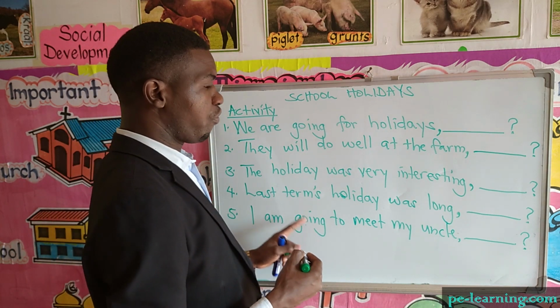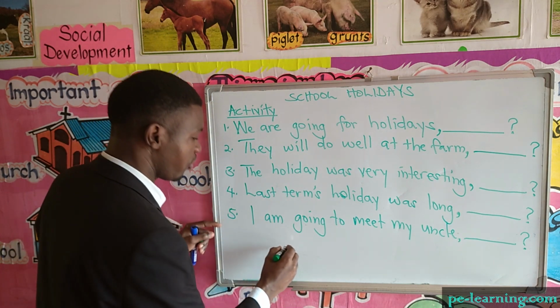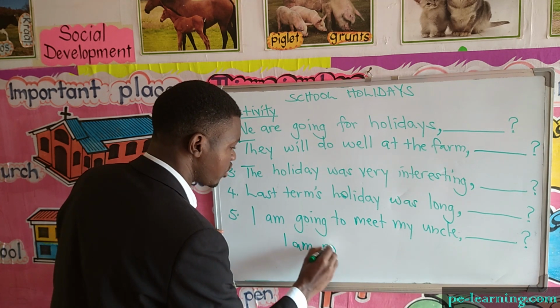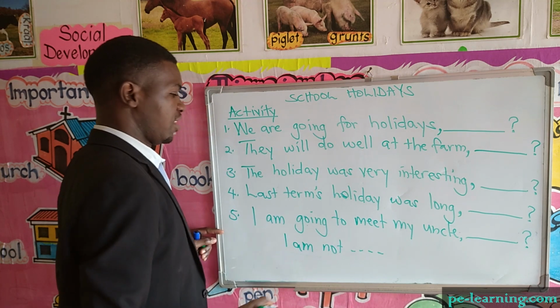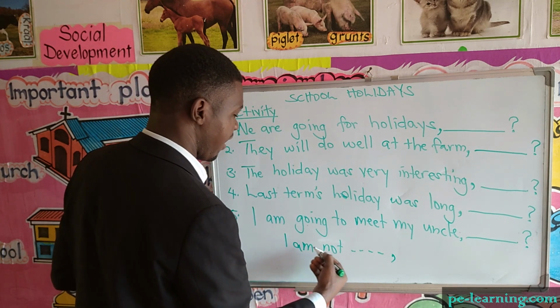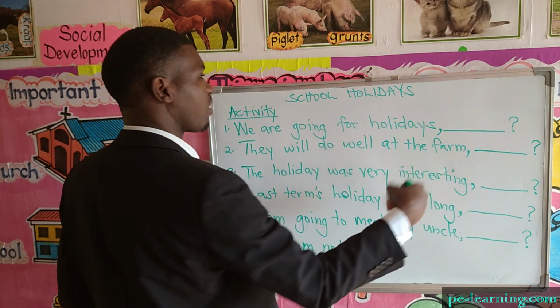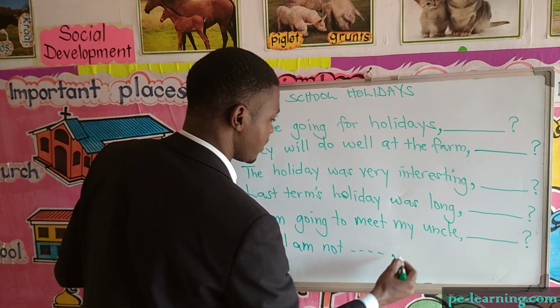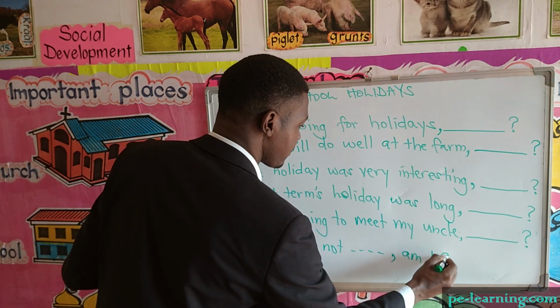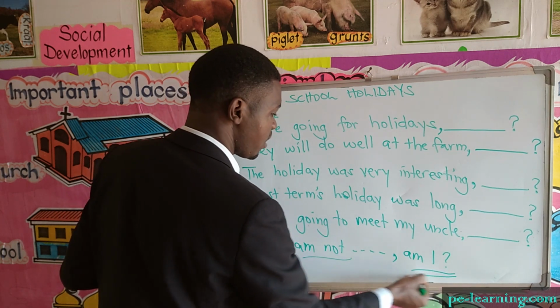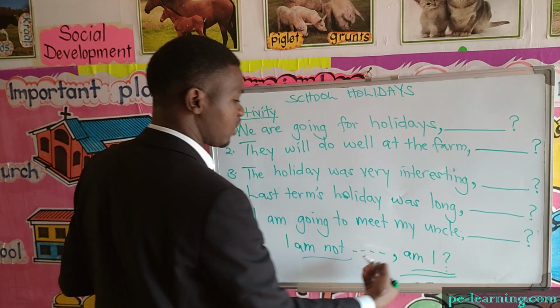Something to take note of: when you've been given I am not, the question tag for this case will not be I. If it is am not, then the question tag will be am I. So if we have am not, the question tag will be am I. That will be the question tag.